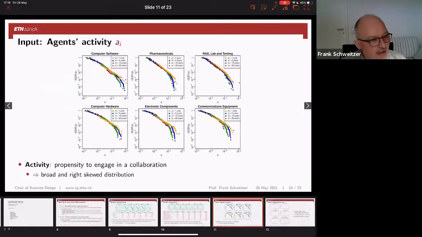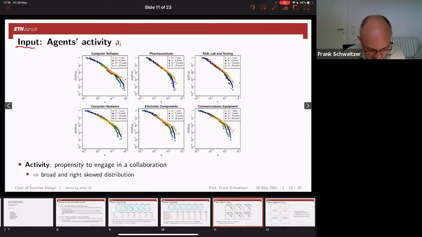Then we have looked into 2 other measures that we later use for our simulation. That's why I write input here. We looked into how many collaborations firms have in a particular time interval. And you see the same broad distribution here with respect to the activity.